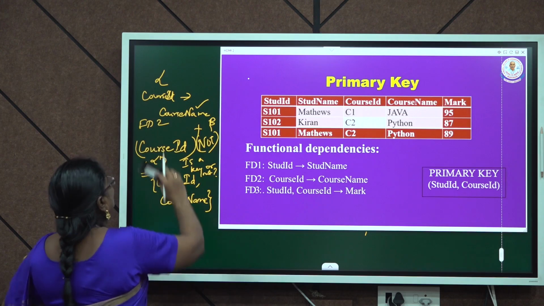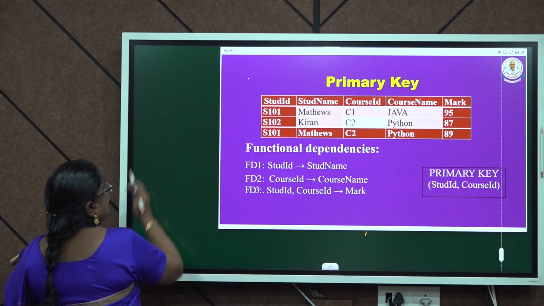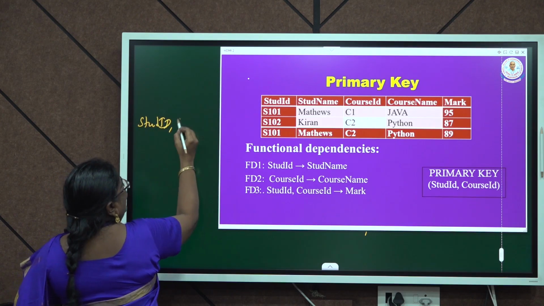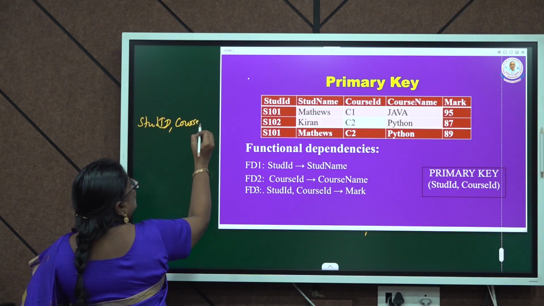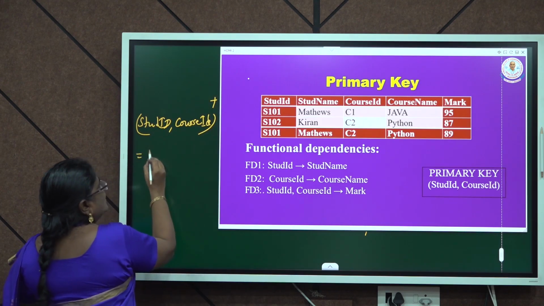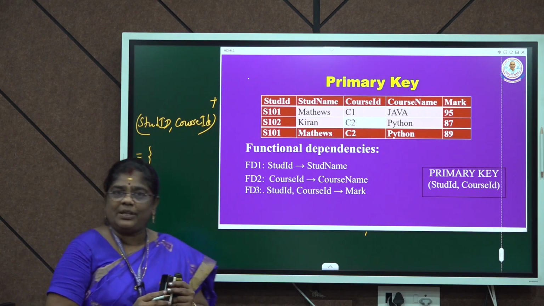Now, we are going to conclude with the third, FD3. Once again, we write stud ID, comma, course ID, closure. We are going to find it, and what is the first rule? We have to include the alpha and we have to include the beta.